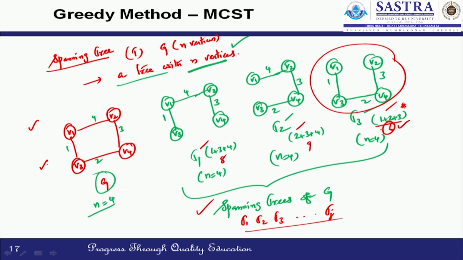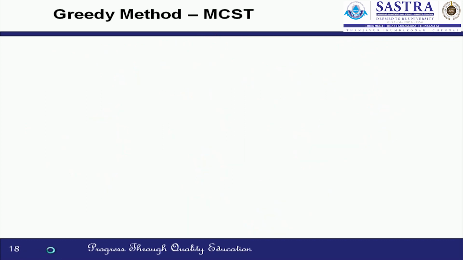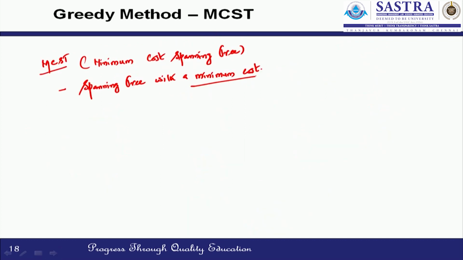Out of all spanning trees for the given weighted connected graph, we need to find the spanning tree that results in a minimum cost, that is said to be the minimum cost spanning tree, say capital T, of the given graph G. The important fact is, since G is a graph with n vertices, clearly the minimum cost spanning tree T is also a tree with n vertices.